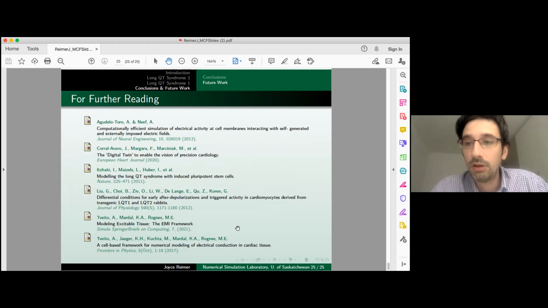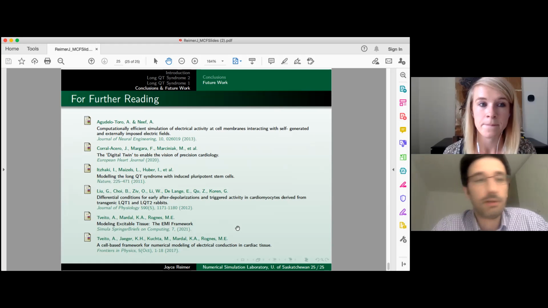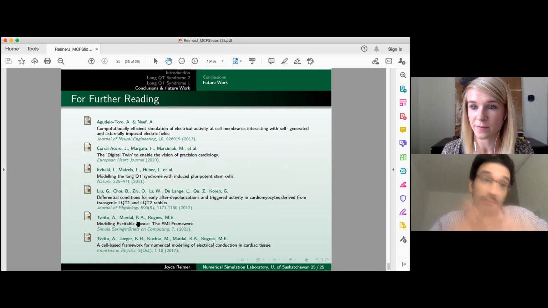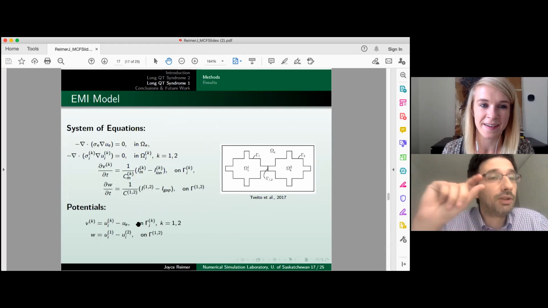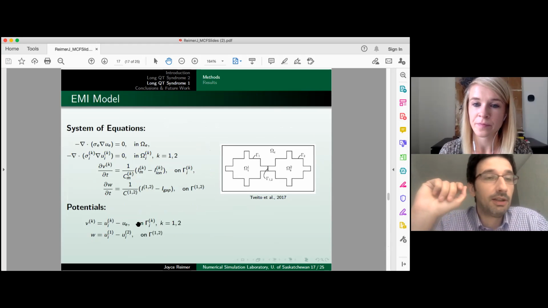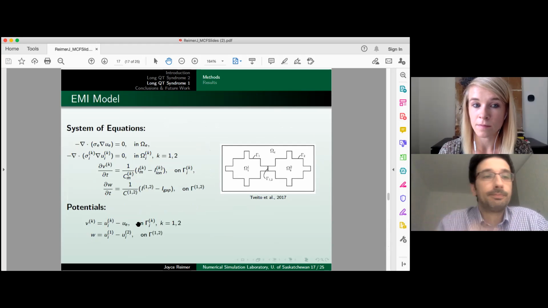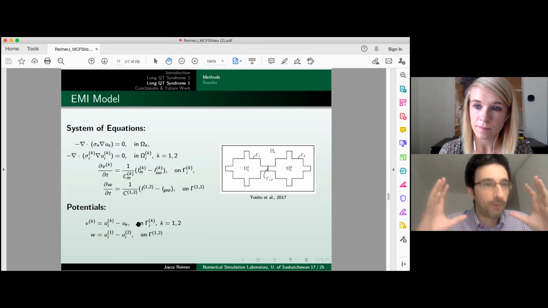Any questions? Well, if not, I have a curiosity, which is related to the EMI model. You applied it to 2 consecutive cells, right? My question is the following. Why 2 and not a full chain of cells, and then focusing on the ones in the center?